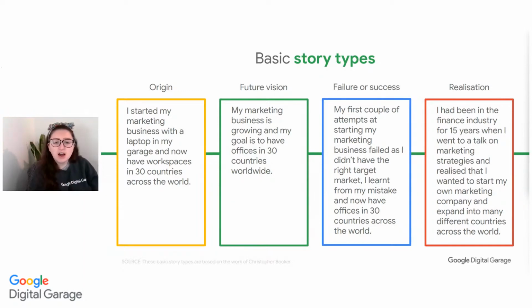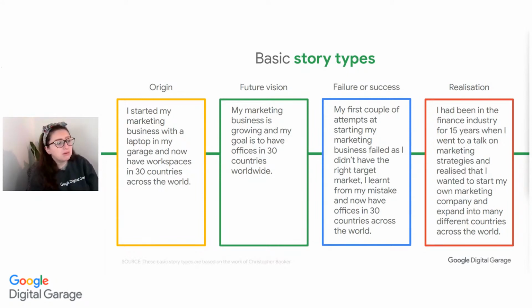Then we have a failure or success, or failure and success story. Now, these are usually when you have a certain outcome or a learning, you're trying to implement a learning process in what has happened in your recent activity. So something that's failed or success, and that you can put into your cycle of learning with the team that you're talking about.